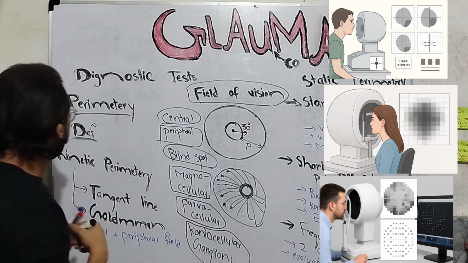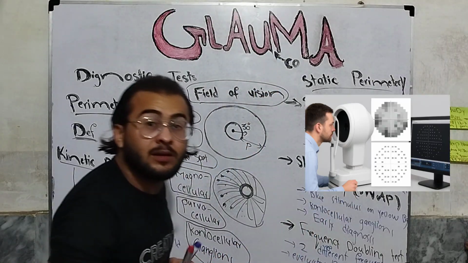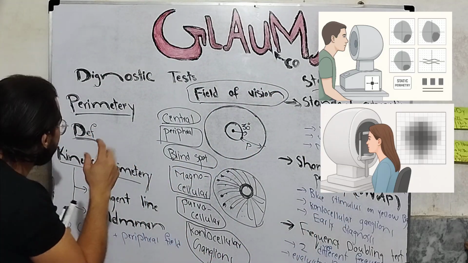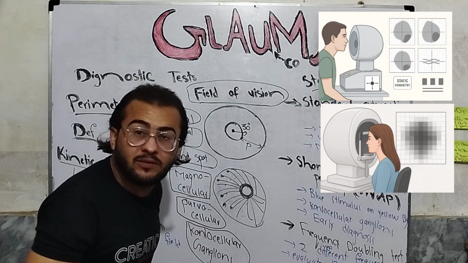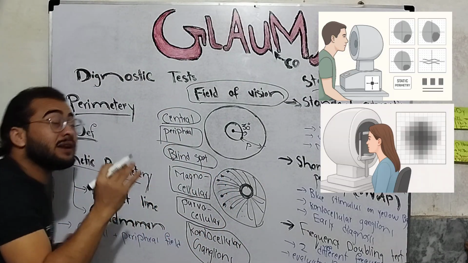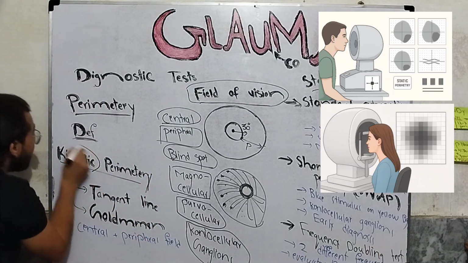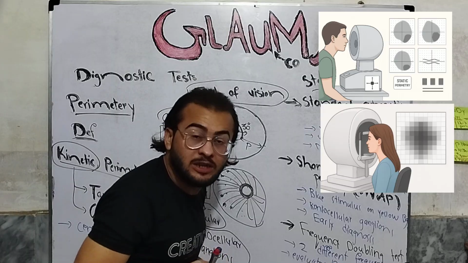We have two types of perimetry: kinetic perimetry and static perimetry. Kinetic perimetry uses a moving stimulus, that's why it is called kinetic perimetry. Through the moving stimulus, we are checking for any visual field defects.